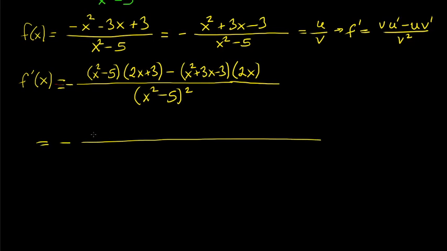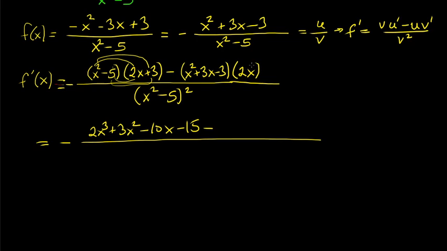Kind of a mess, so I think we can simplify it by multiplying out the numerator. Again, I'll leave the negative in front. So this will be a FOIL, 2x cubed plus 3x squared minus 10x, and then minus 15.